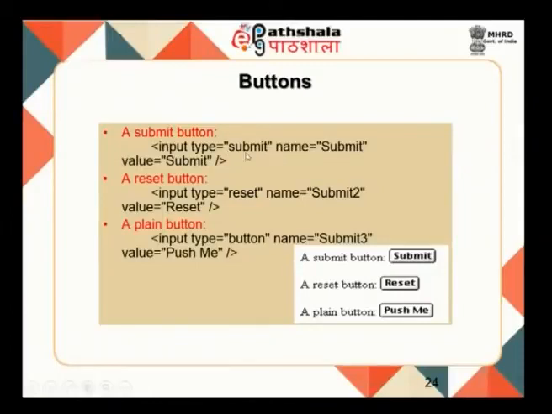This submit specifies the type of the button, and name, as I told you, is used by the script code to uniquely identify the different form elements that we use in the form. This nowhere appears in your web page, and the value equal to submit is normally seen as the name on the top of your button.